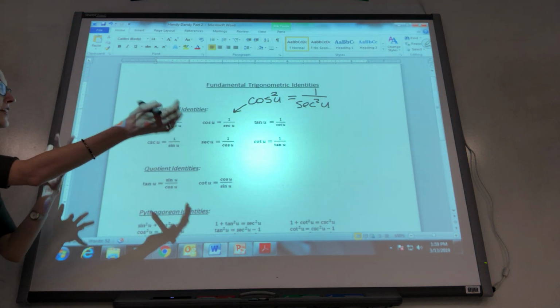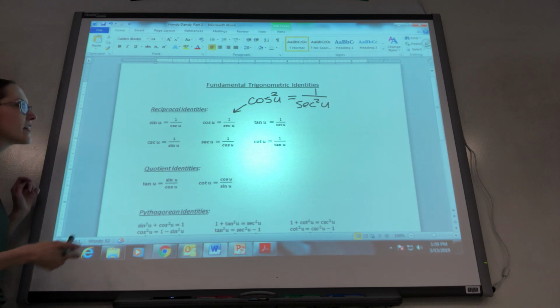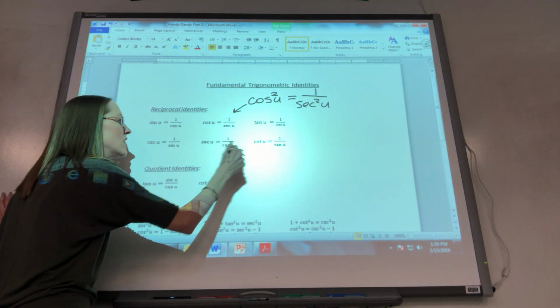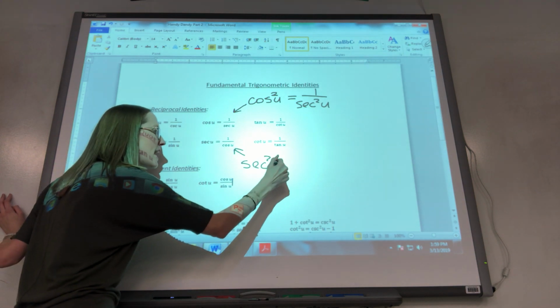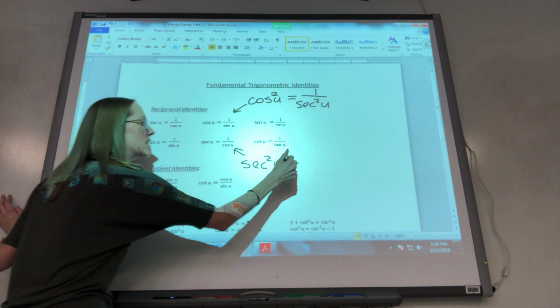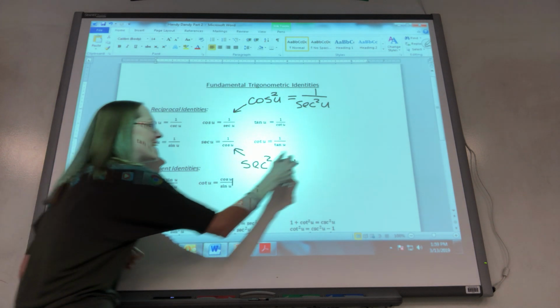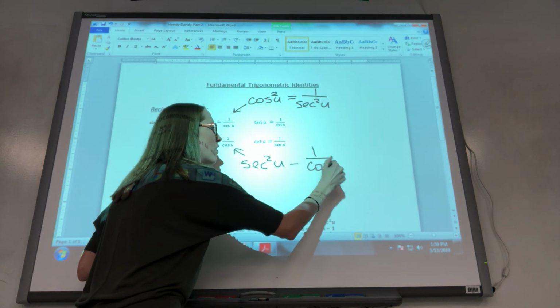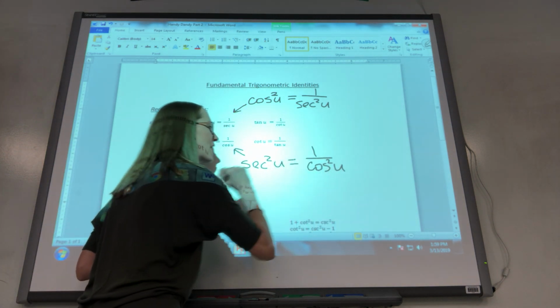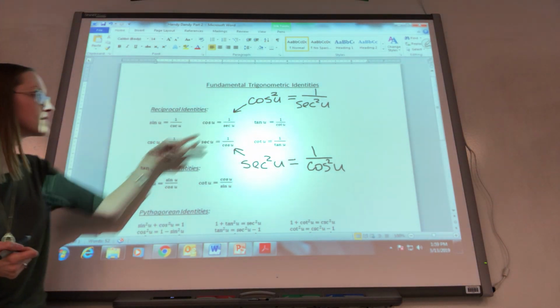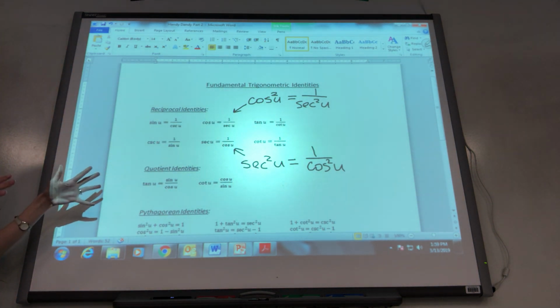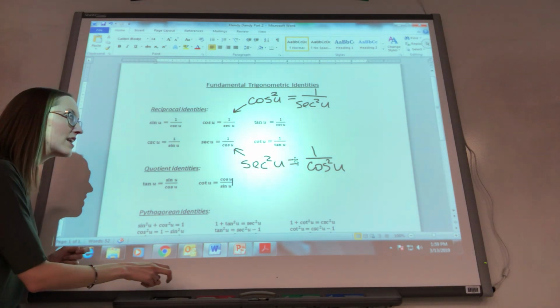That's still okay to do, and it's still technically a reciprocal identity. Or if you do that with this one, you can also say secant squared of u equals 1 over cosine squared of u. You can use those even if the trig functions are being squared.